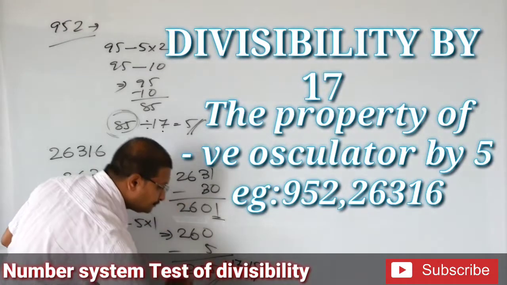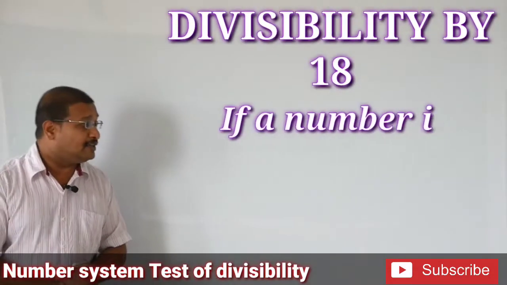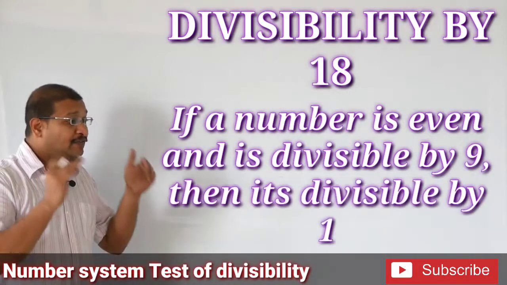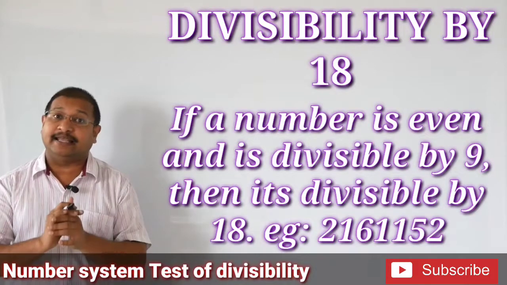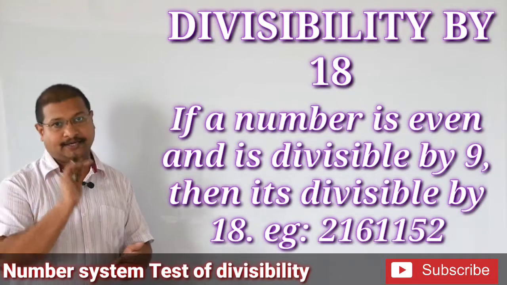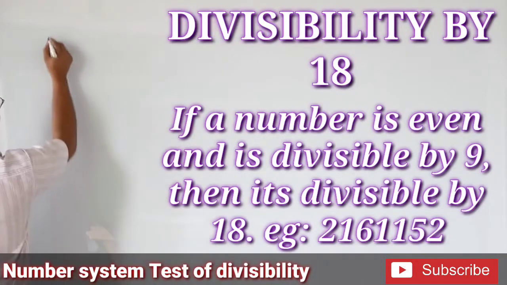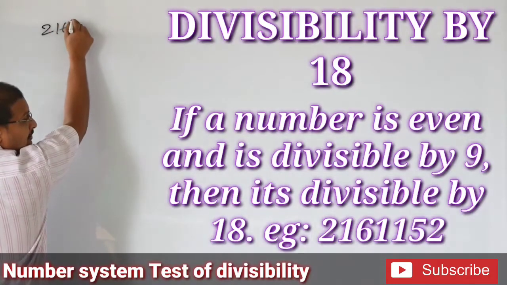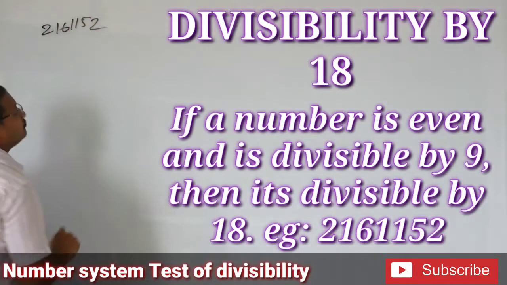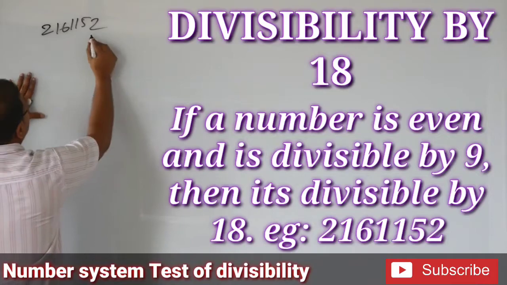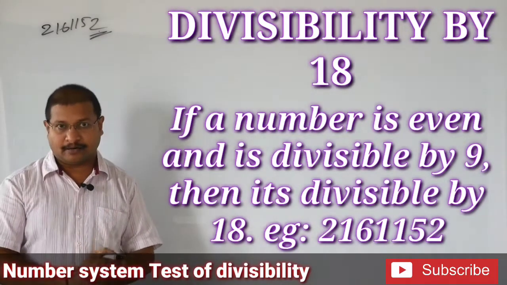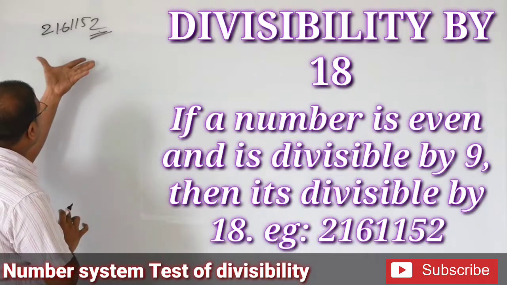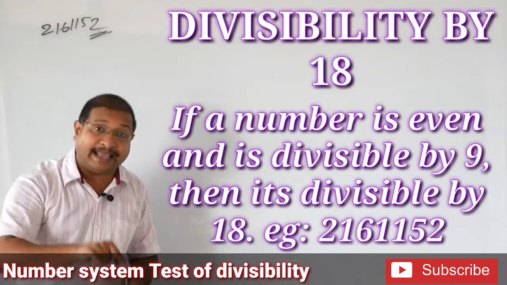Ready? Let's see the divisibility by 18. If a number is even and is divisible by 9, then it is divisible by 18. Let's see now, 2, 1, 6, 1, 1, 5, 2. The last digit is 2, so it is surely an even number. After that, we have to check whether it is divisible by 9 or not.